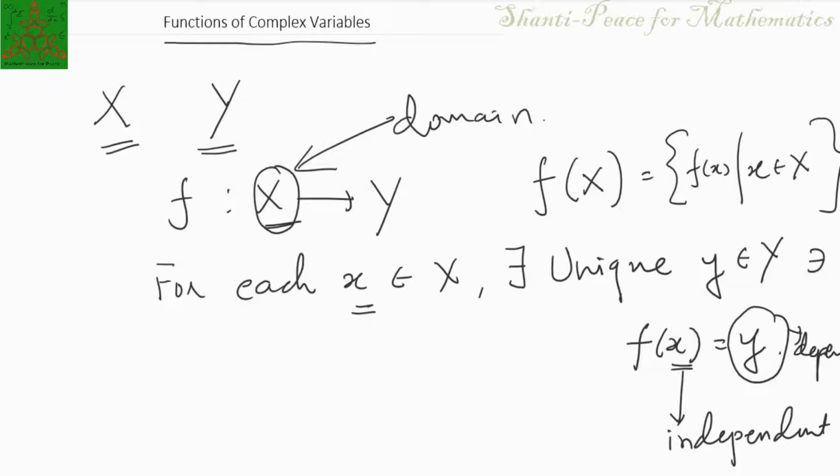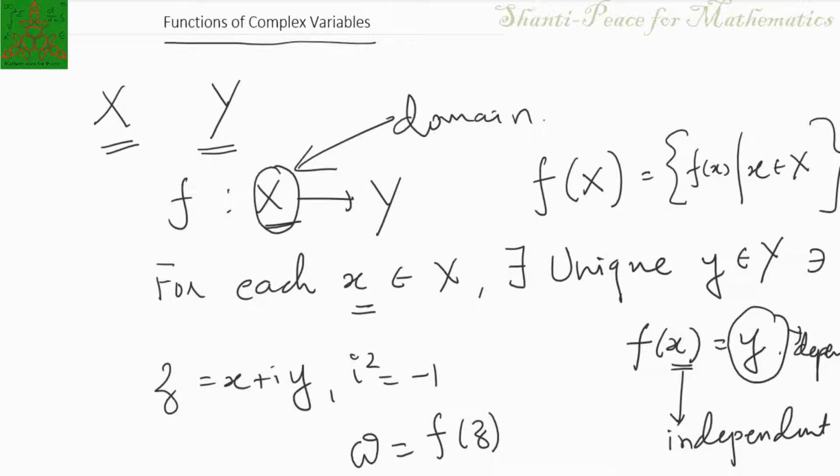is a complex number, z equal to x plus iy, where i squared is minus 1, then the function is called a complex function, and it is denoted by w equal to f of z.